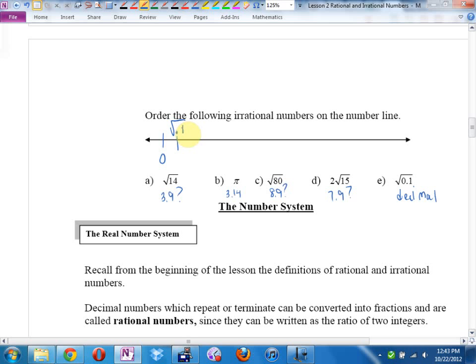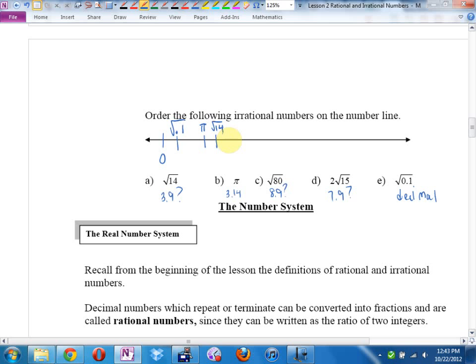What's the next biggest guess that we have? I think pi would be over here somewhere. What's the next biggest guess that we have? Root 14. And you notice we did this in theory without our calculator here.